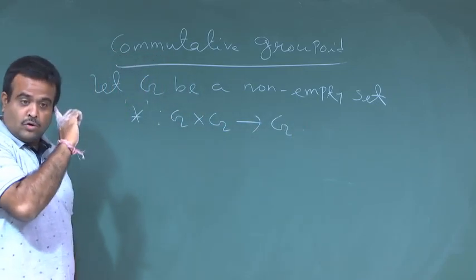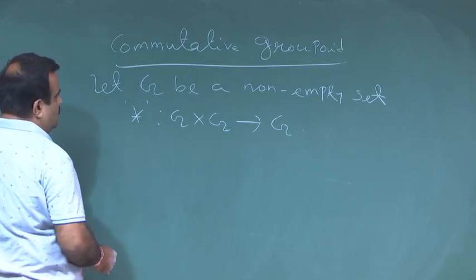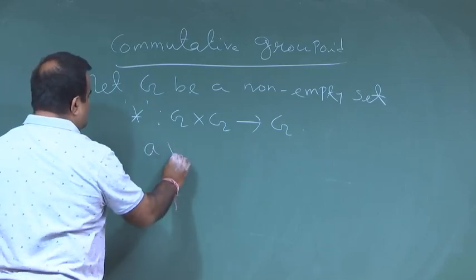Then it is a groupoid. It is called a commutative groupoid if the star is commutative.